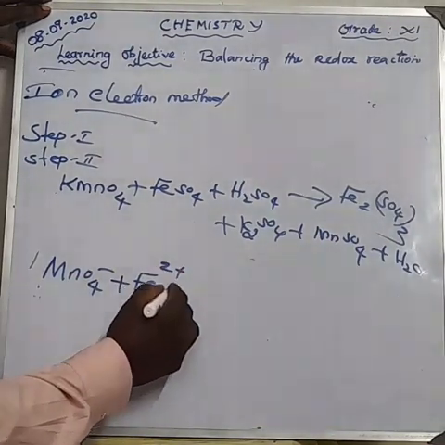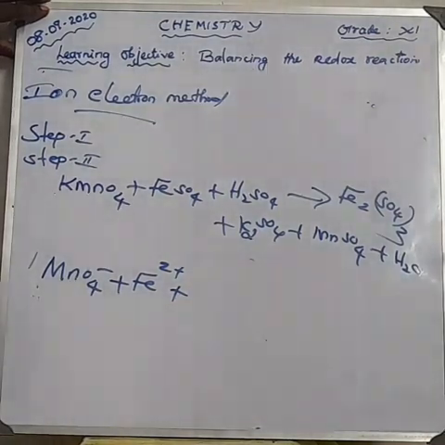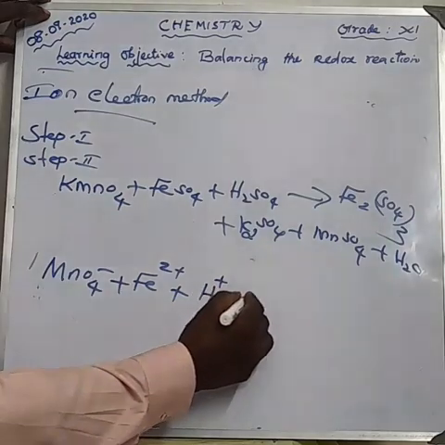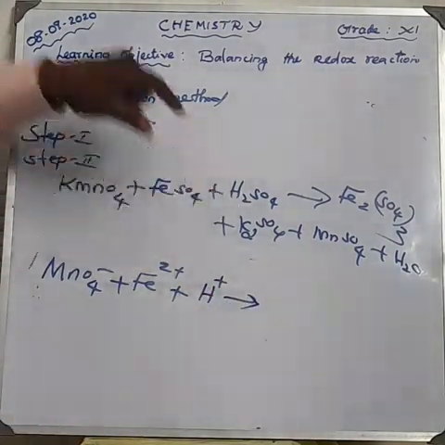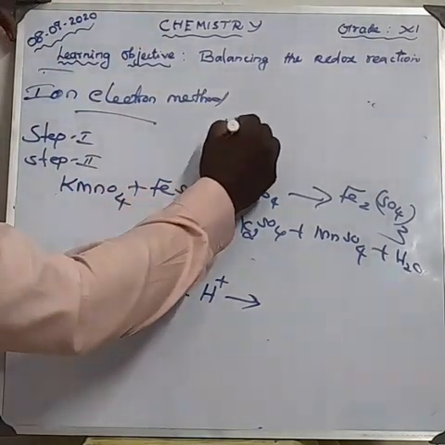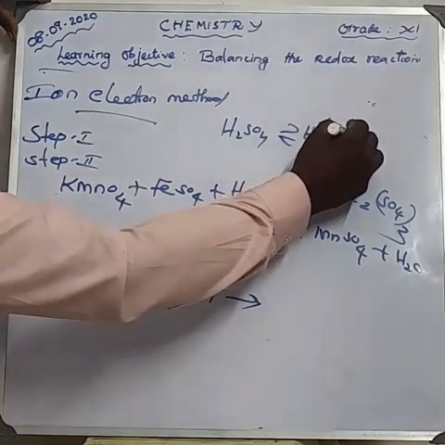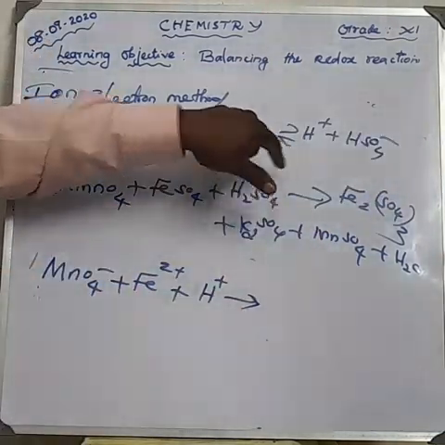Sulfuric acid also, we are taking only H plus ions here. Sulfuric acid H2SO4 is converted into H plus and HSO4 minus. We are taking only H plus ions.